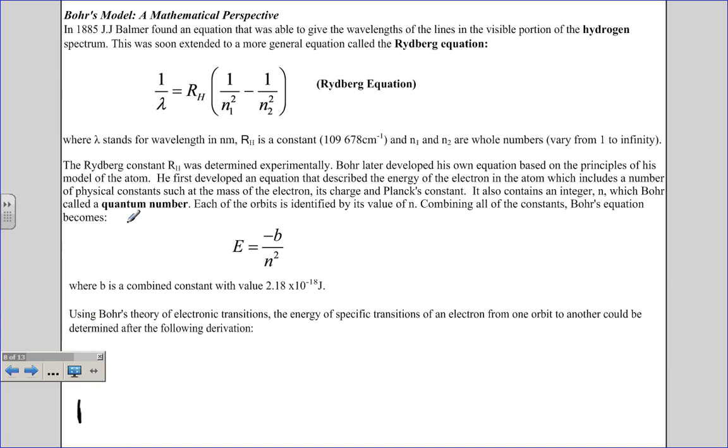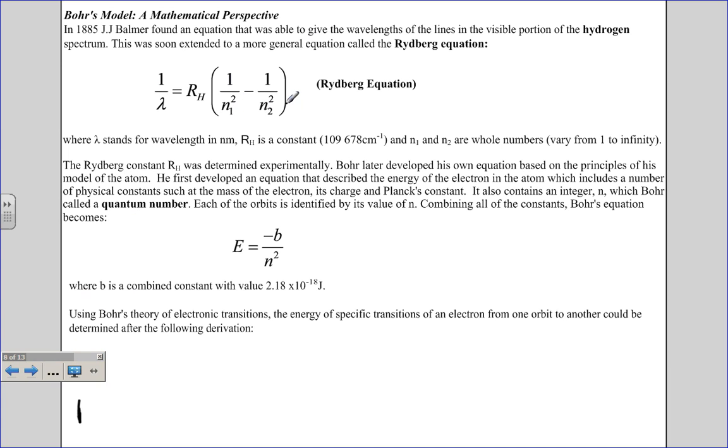Now, this idea that energy is released when an electron falls from a higher energy level to a lower energy level was studied by Rydberg experimentally. And this is the formula that Rydberg derived. It gave the relationship between the wavelength of the light that's emitted and the energy orbits that the electron fell from and to.